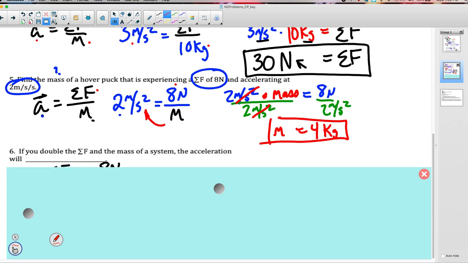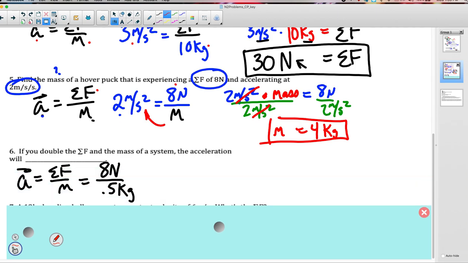So I thought maybe we can just use those values and double them. The problem we had up there was acceleration equals net force divided by the mass. The net force is 8 newtons and the mass is 0.5 kilograms. And they want us to double both of them, it looks like. So let's double both of those. 8 newtons would become 16 newtons of net force, and a half a kilogram doubled would be 1 kilogram.